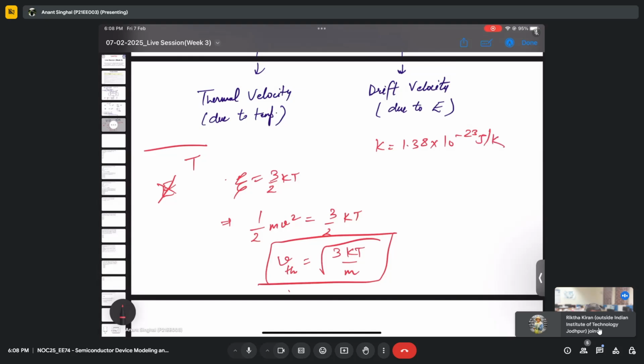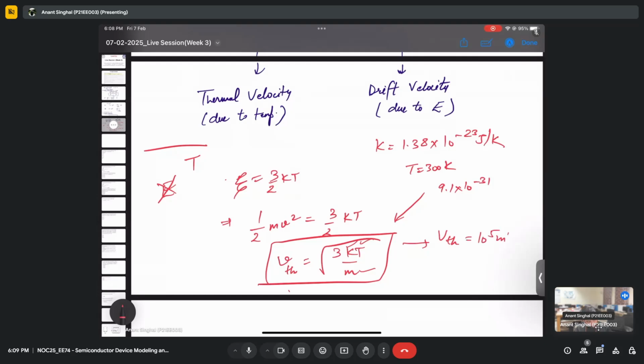If you calculate it at room temperature, let's say I'm keeping T as 300 Kelvin, and you put everything, because we know what is k, what is T, and the mass of an electron, let's say absolute mass, which is 9.1 times 10 raised to minus 31 kg, it will come out to be around 10 raised to 5 meter per second, or I can write the same as 10 raised to 7 centimeter per second.